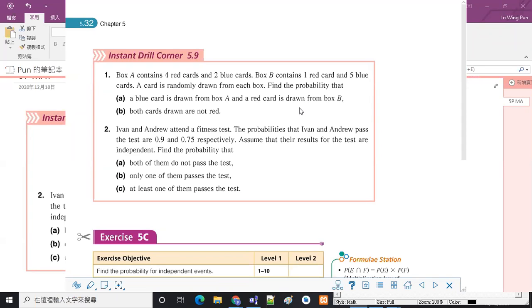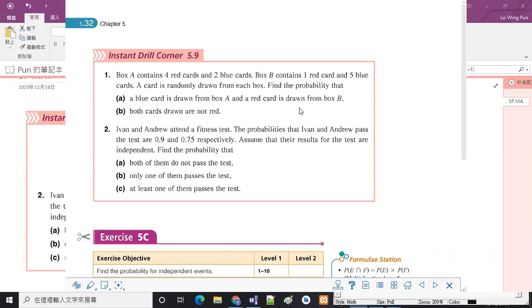Sometimes the question will give you the probabilities of some events, and then you just need to see whether they are multiplied together or added together. Sometimes you need to use 1 minus. And sometimes the question will need you to count the number of favorable outcomes and the number of possible outcomes.